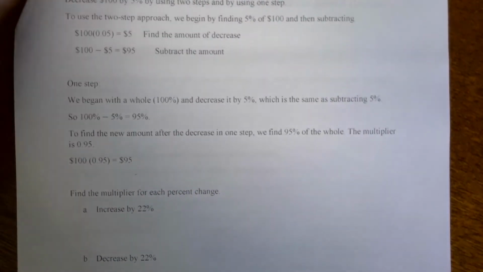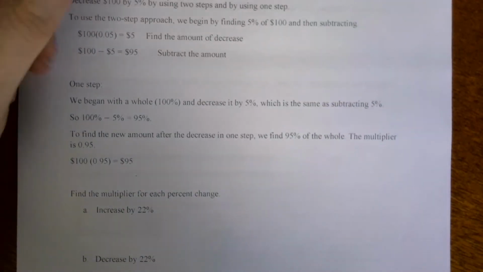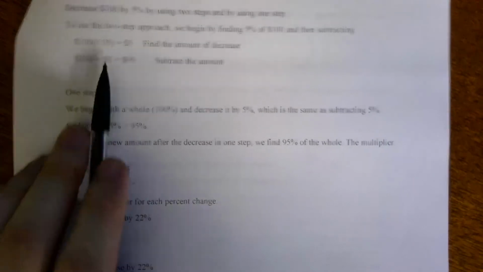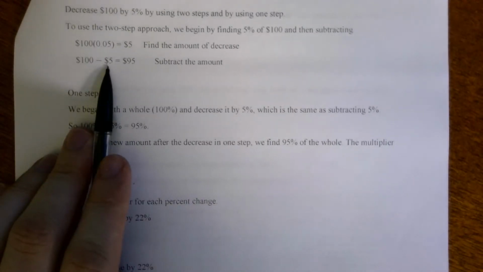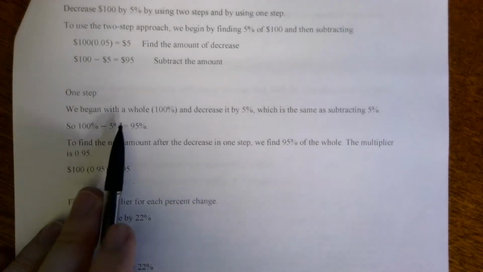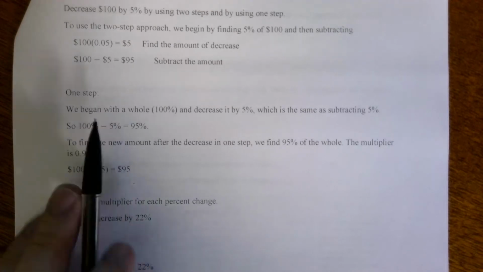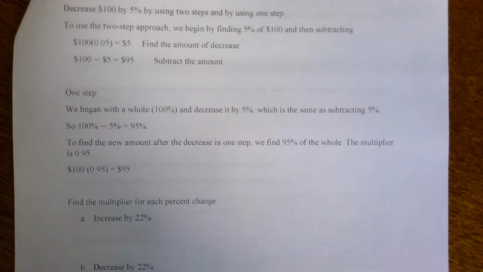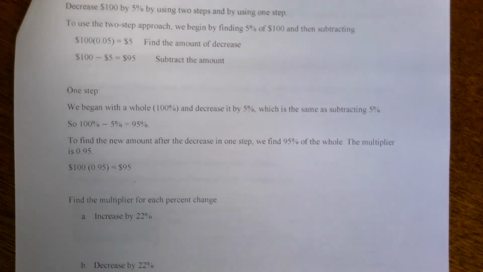If we are increasing in price, so if we have a 5% increase in price, we can either do this and then just add it instead, or we could say that a 5% increase in price means that the item just turns into 105% of the price. So instead of a 0.95 here, we would have 1.05, right, which would be 105%. Okay.